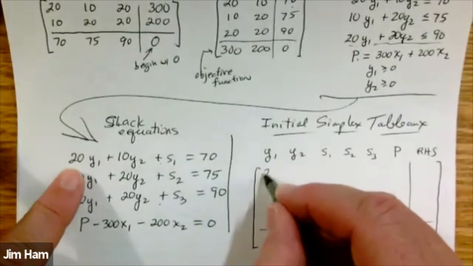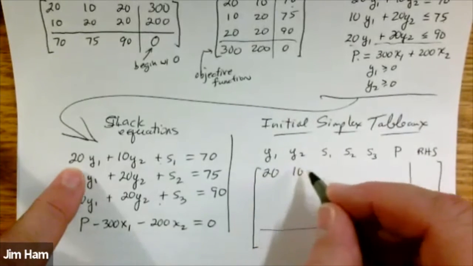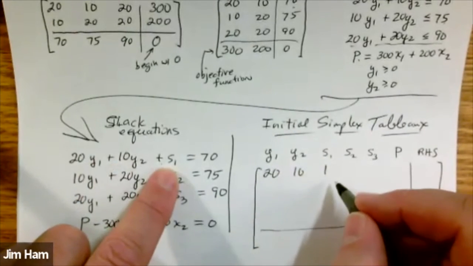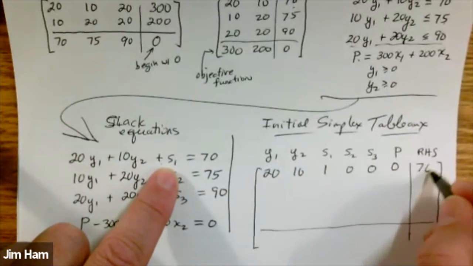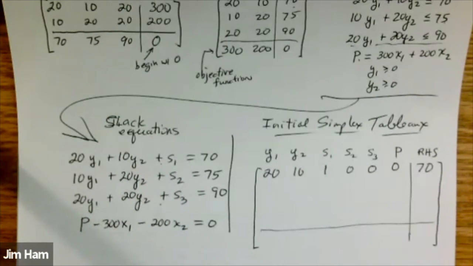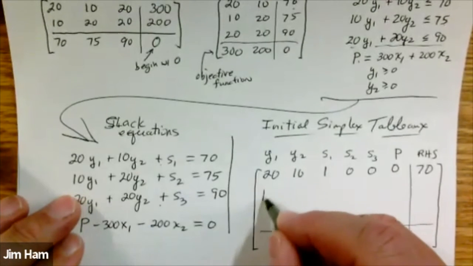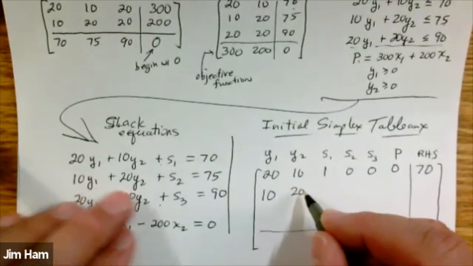Okay, so 20y1, 10y2, 1s1. There's no s2 and no s3 and no p, and then we've got the 70. You will definitely see some shortcuts in setting these up when you do a bunch of them. Next one is 10, 20.